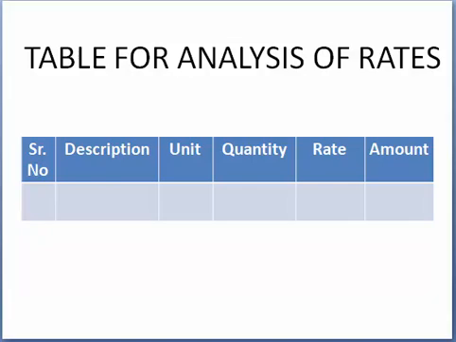So for the departments related to Punjab, we will have the CSR, Common Schedule of Rates, and for the departments under the central government, we have the Delhi Schedule of Rates, DSR, and the rates of the items are obtained from the CSR or the DSR.